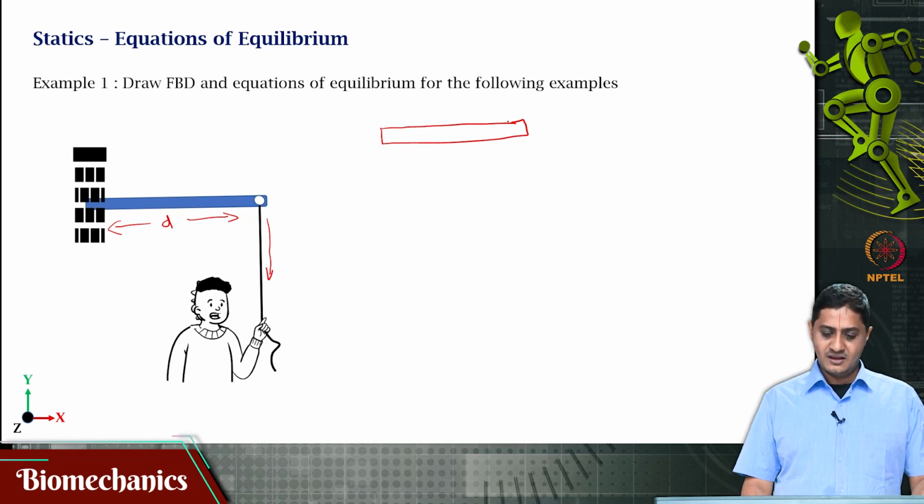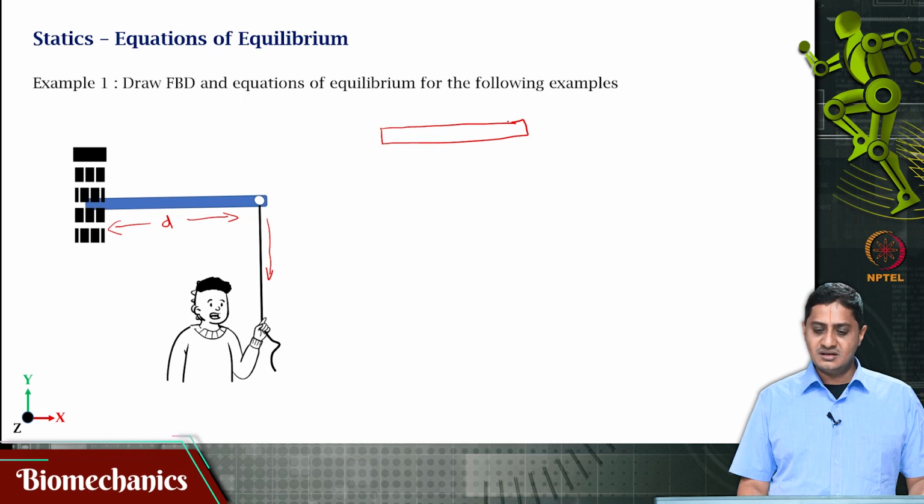Now, I have removed the beam from its contact. When you remove the beam from all the contacts that it is making with other external bodies, you will have to replace it with corresponding forces or moments.